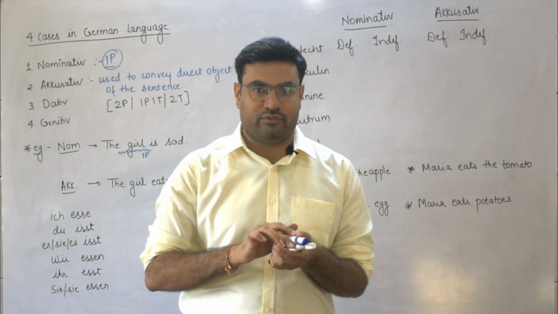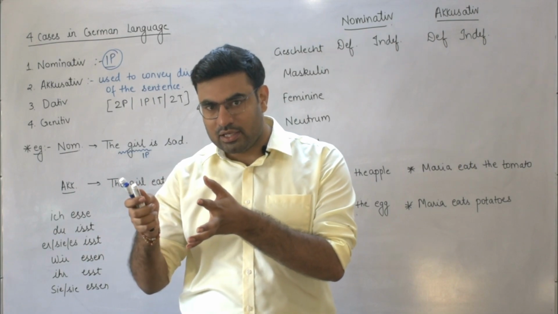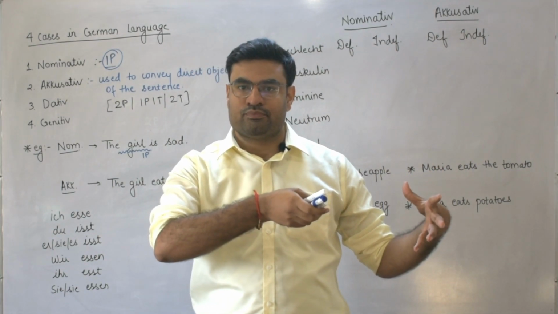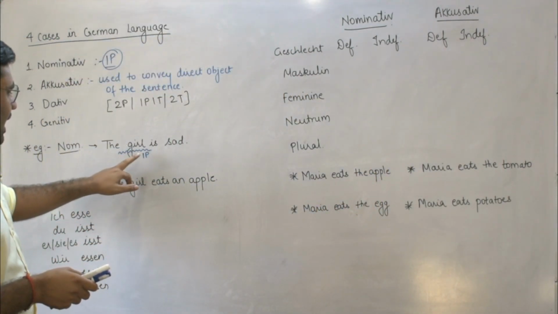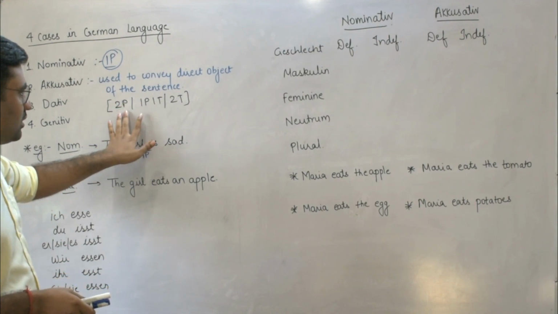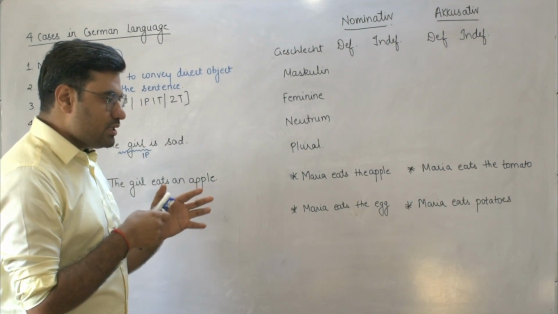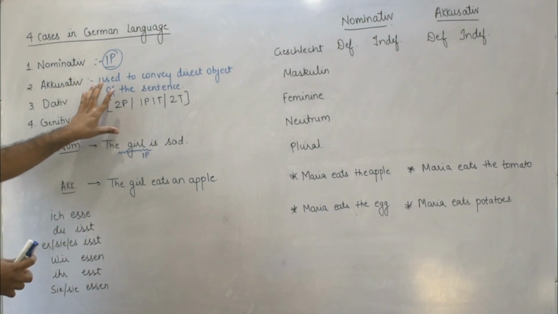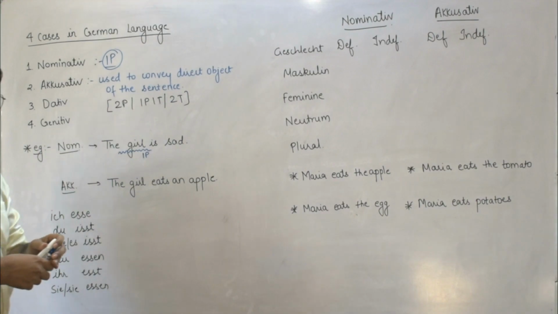Then what is accusative? In the accusative case we have a subject, a verb and then an object. The difference is that in nominative we have a single person, but in accusative we have two persons or two things, or one person and a thing. Accusative is used to convey the direct object of the sentence.